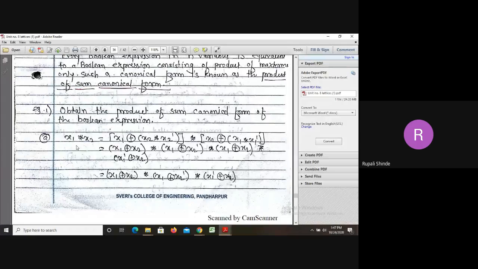Yes, both answers are the same, so this answer is correct. Have you understood this first example? Yes, ma'am.